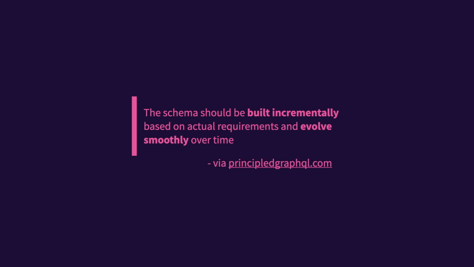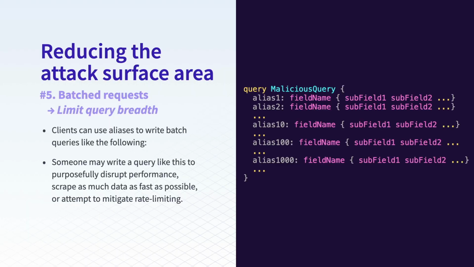We recommend following the principle of a demand-oriented schema, which you can learn more about at principledgraphql.com, but it says that you should build your schema tailored to what the client needs are and to do so by hand. Because a demand-oriented schema is custom built, it benefits by reducing the predictability of a graph's structure, thus reducing the attack surface area. Number 5 is batch requests.